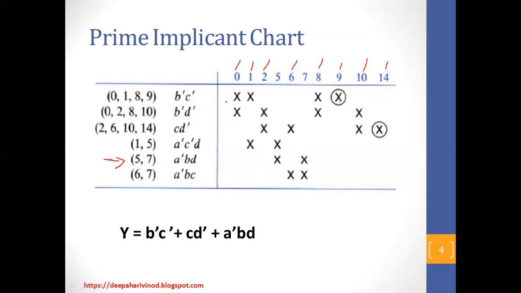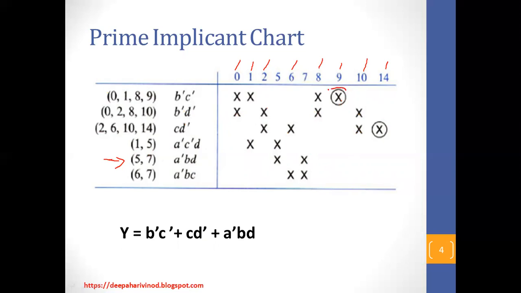Next is B bar D bar, 0, 2, 8, 10, or 2, 8 and 10. In this way you put a mark for all the implicants, for whichever min term each covers. Now check individual min terms, whether you can find only one cross.